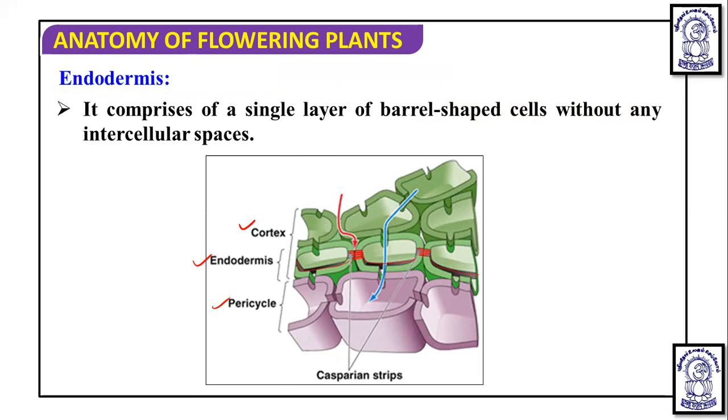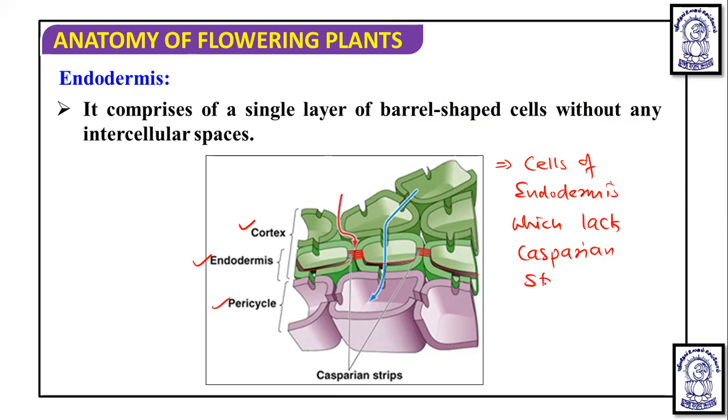So that point we should note down here: cells of endodermis which lack Casparian strips are known as passage cells.